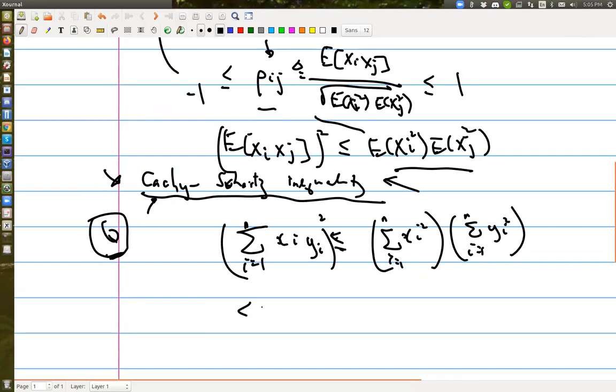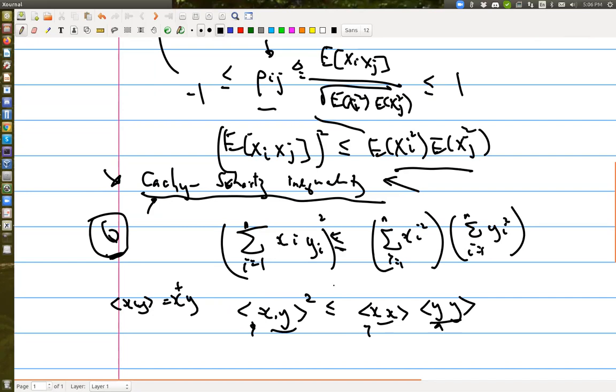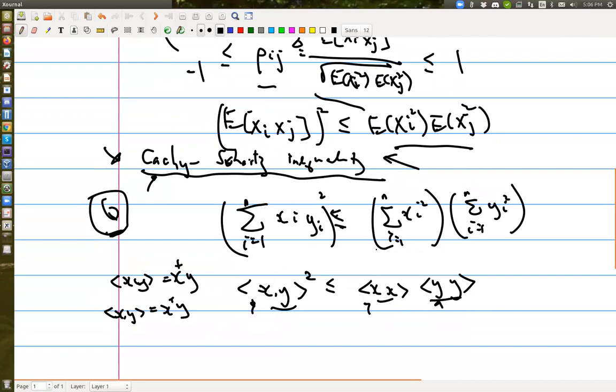For any vectors x and y, the square of the inner product of x and y is less than or equal to the inner product of x with x times the inner product of y with y. I can even have x and y in complex space, in which case the inner product corresponds to the complex inner product, so the inner product of x and y is x Hermitian times y. If x and y are real, then it is just x transpose y.